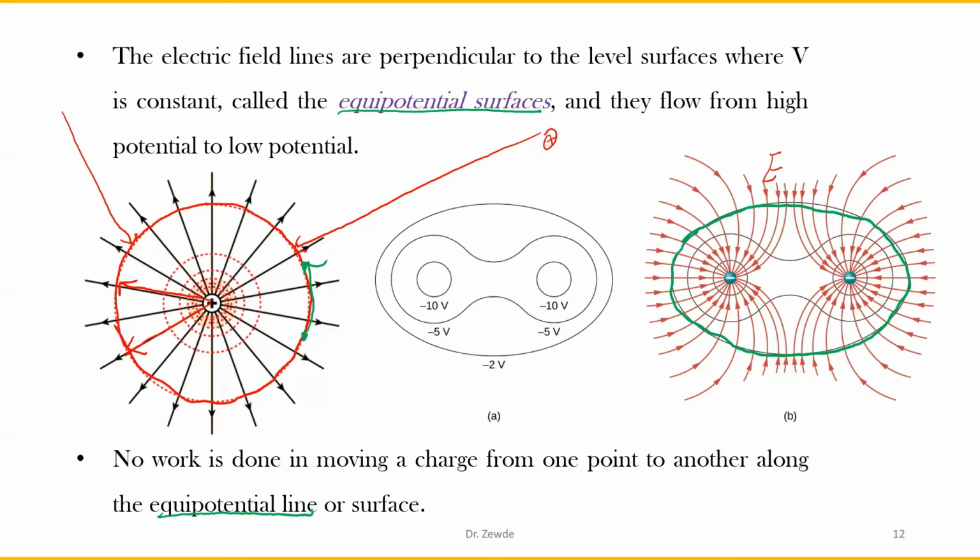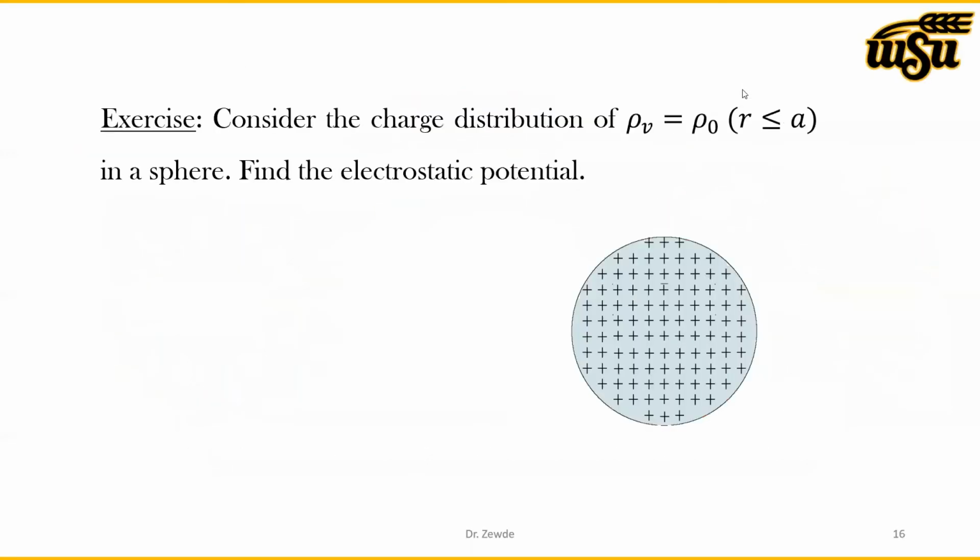Okay, we'll just solve one or two examples to see how we can determine electric potential given the electric field lines, or how to determine the electric field vector E given electric potential. In this example, we're asked to determine the electrostatic potential.